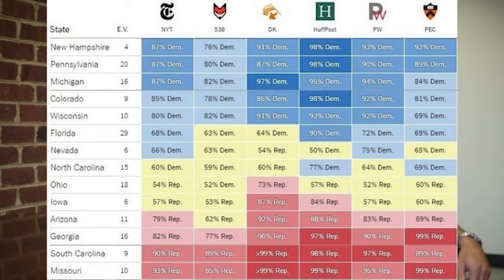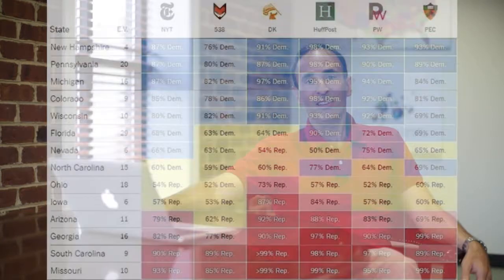And those are all states that Donald Trump ended up winning. So overall, there was a sense, with a very high probability, that Hillary Clinton was going to win the presidency.